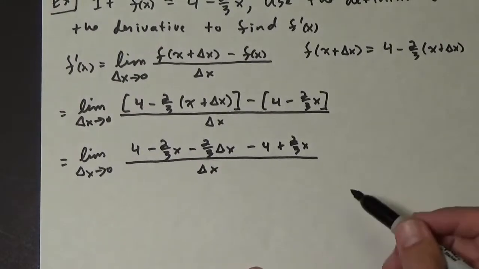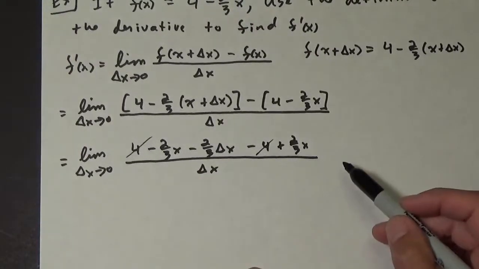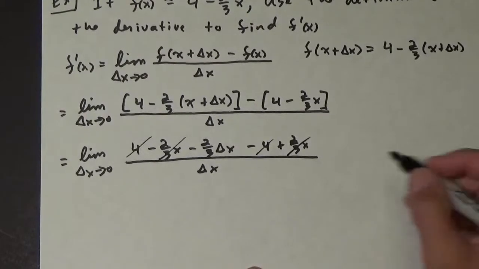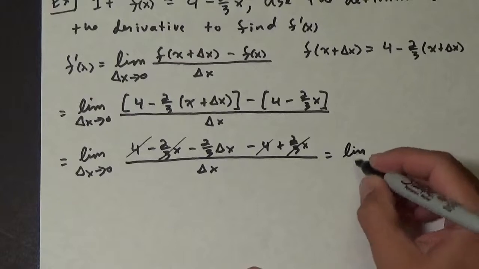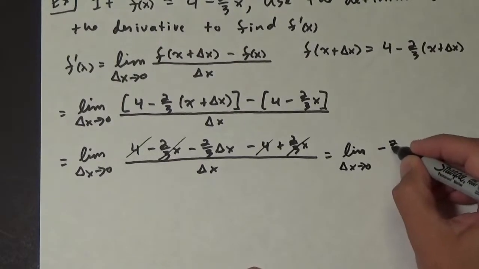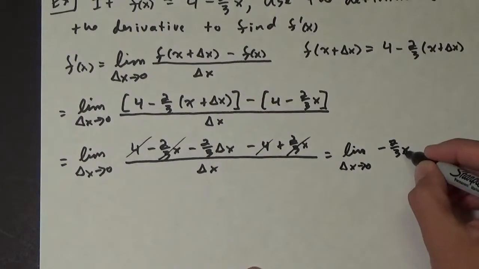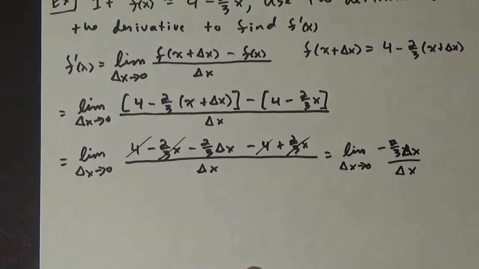Well, it looks like some good things start happening. The 4's cancel out. The 2/3 x's cancel out. So we end up with the limit as delta x approaches 0 of a negative 2/3 delta x, sorry, all over delta x.